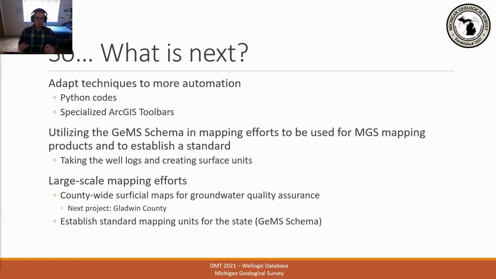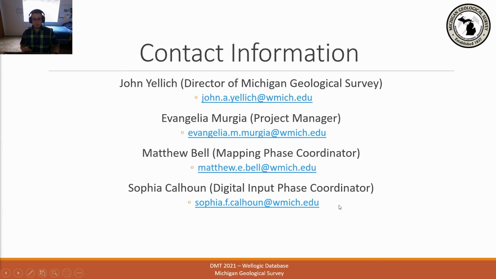And so taking the well logs and creating surfaces, and then looking at a larger scale mapping effort, a countywide superficial map for each county. As John alluded to, we need more information and to put that into a GEM schema. And so that's all that I have. If you want to contact us for more information, these are our contacts. But yeah, I guess we'll take questions at another point.